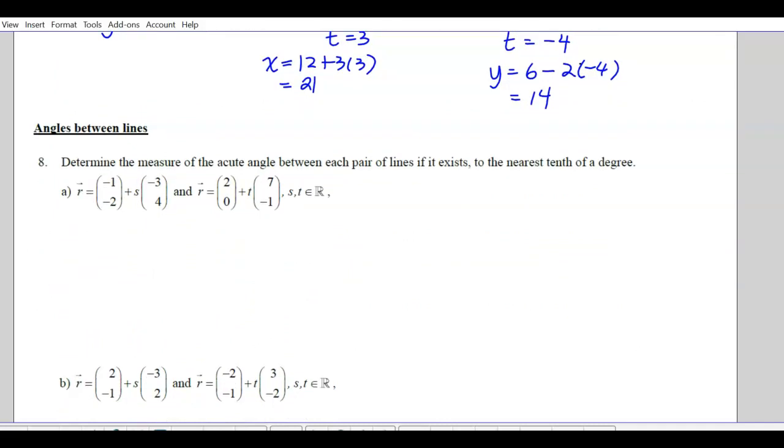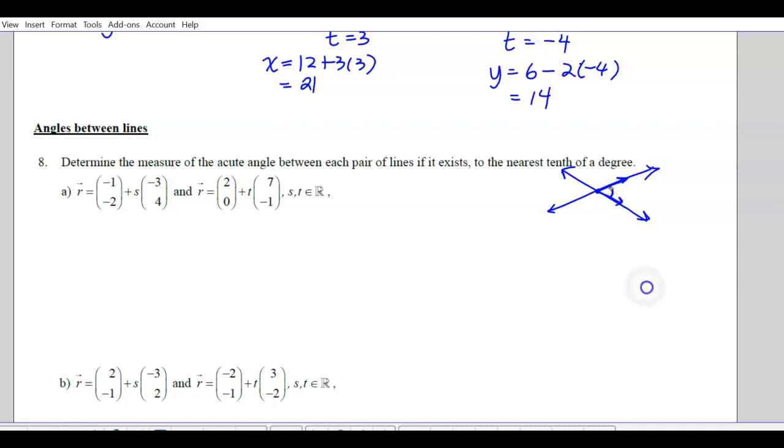Now, angles between lines. We've done angles between vectors. Now, it's the same deal, except we're looking, obviously, at the direction vectors. So if you think of having two lines in 2 dimensions and they're not parallel, then they're going to intersect. It doesn't matter if you're looking at a big portion of the direction vector or a small portion of it, you're finding the angle in between them.